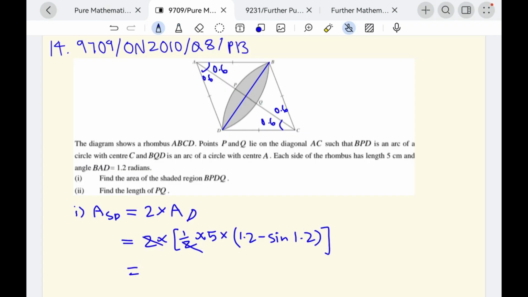So cancel the 2 out. Just use your calculator. Make sure to convert the angle units in your calculator to radians to avoid careless mistakes. So it's basically 5 times 1.2, bracket 1.2 minus sine 1.2, and there you have it, which is 1.34 cm squared.